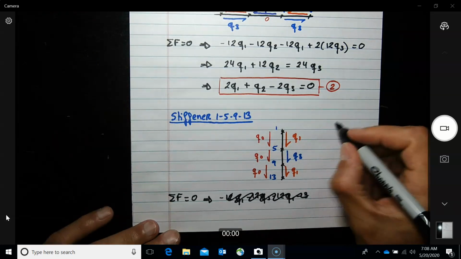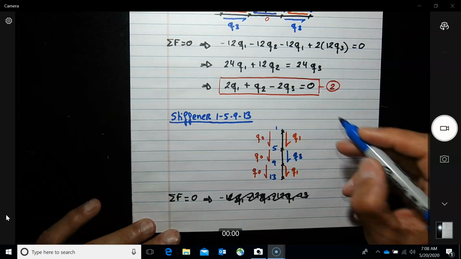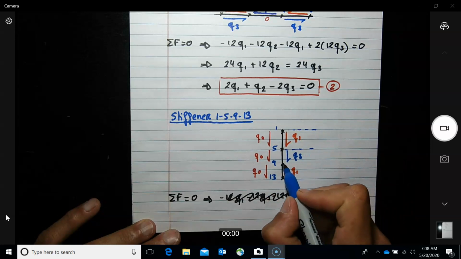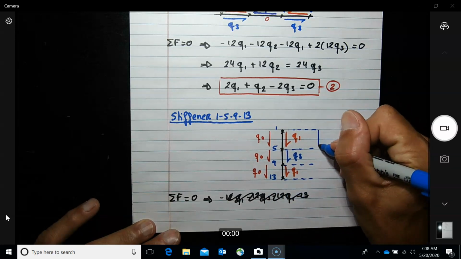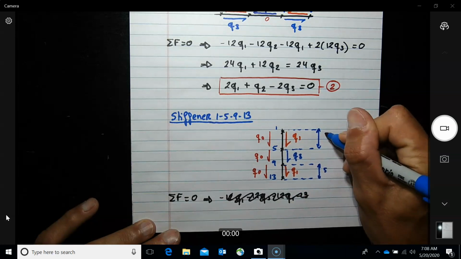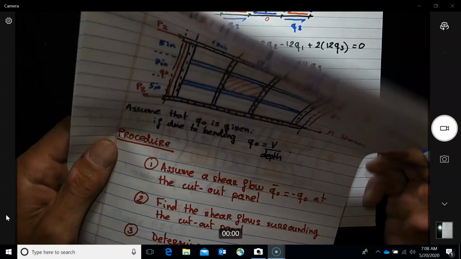So that distance over here is, so here is 5, and this is 5 as well, and this one over here is 12.